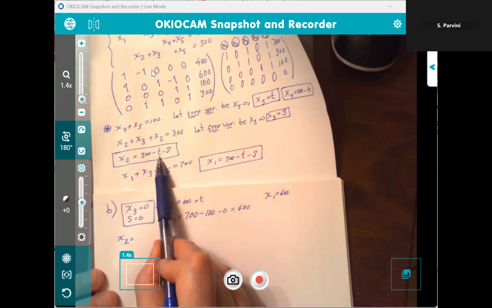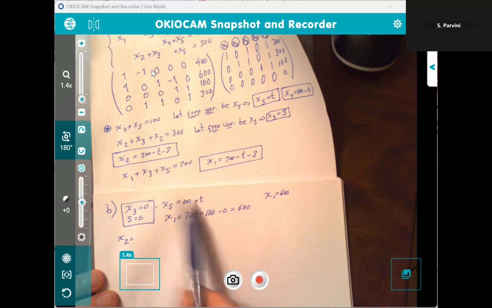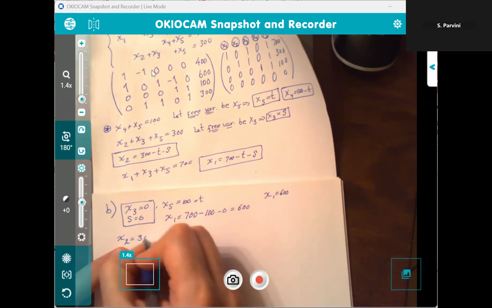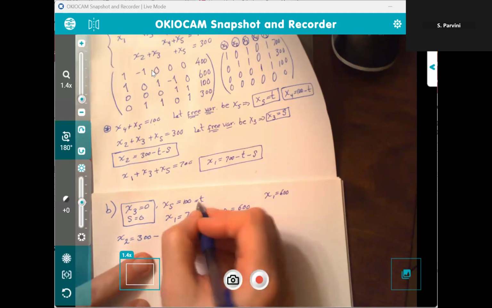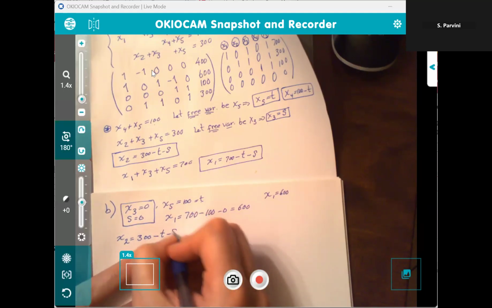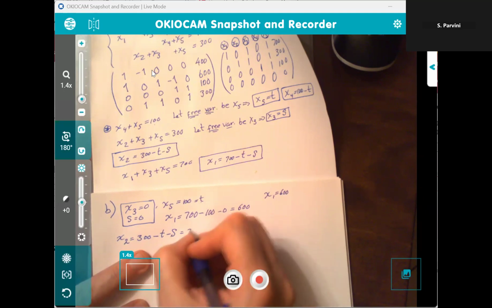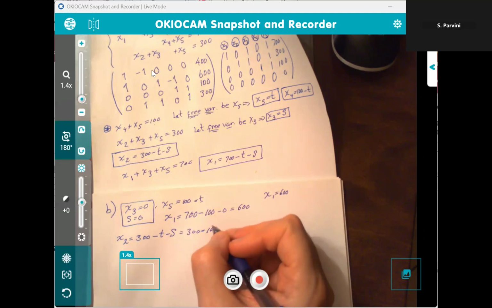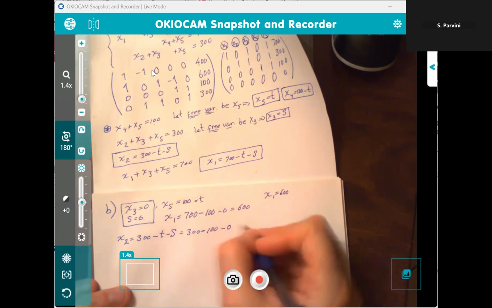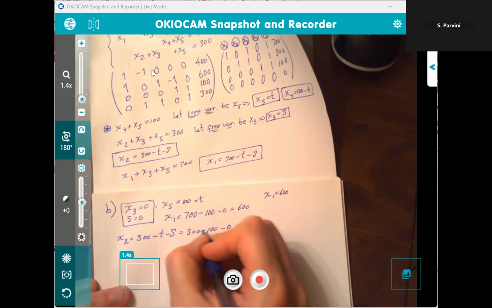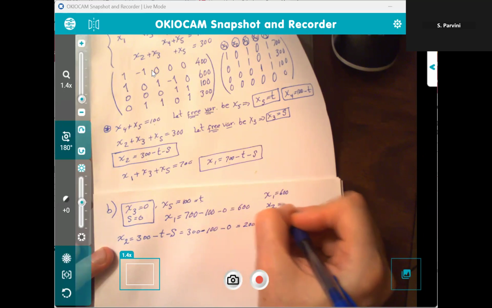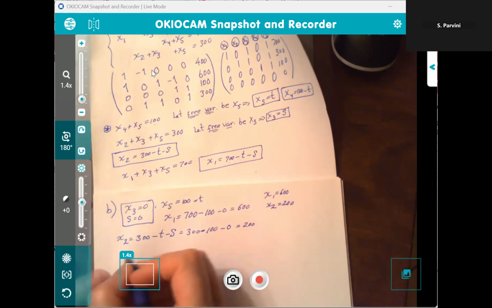Same thing, right? We're going to plug in for t, 100, s, 0. So x sub 2 is going to be 300 minus t minus 0. So that's going to make it 200. X sub 2 is 200.